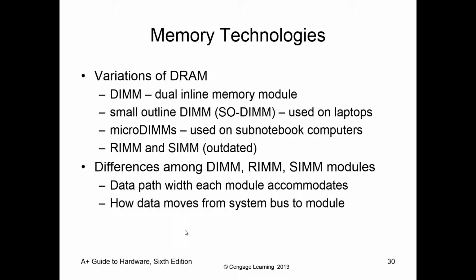Not really used anymore. But the main differences between our DIMM, RIMM, and SIMM is the data pathway that they can communicate with, and how fast or how much data the memory module can process. Again, DIMM is our newest type of memory, and that's what our standard is right now.